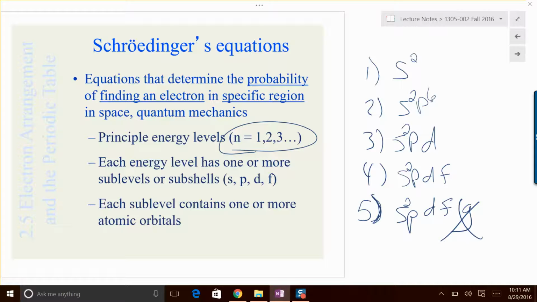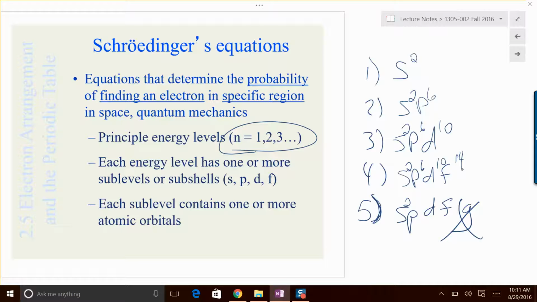The P holds 6 electrons. How many electrons does a D sub-energy level hold? 10. How many electrons does F hold? And don't count that one unless you subtract 1. 14. Okay? Holds 14.